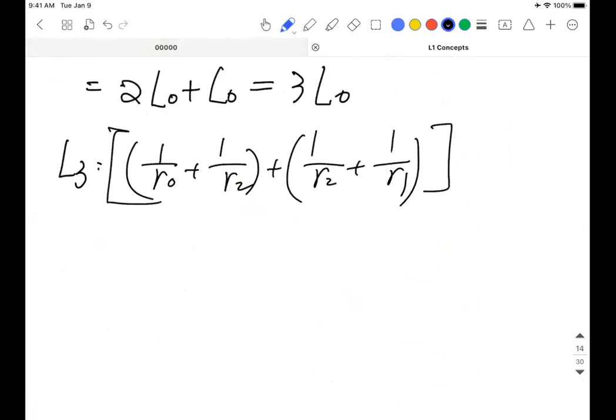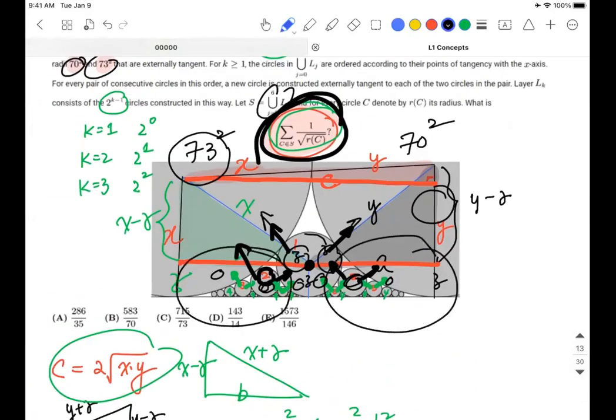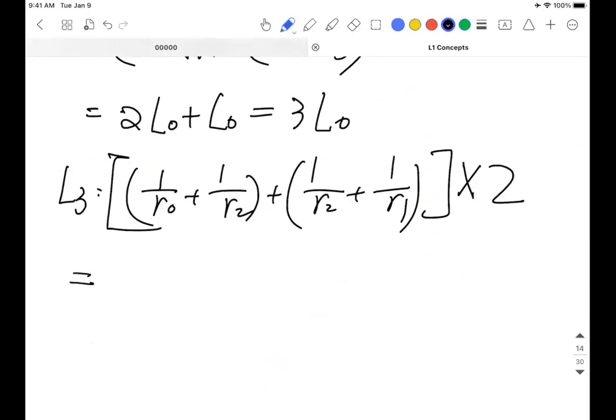And we want to multiply by 2 because the two sides are symmetric. You know one side, you know the other side. Right? Very understandable. This is going to be 9 layer 0.